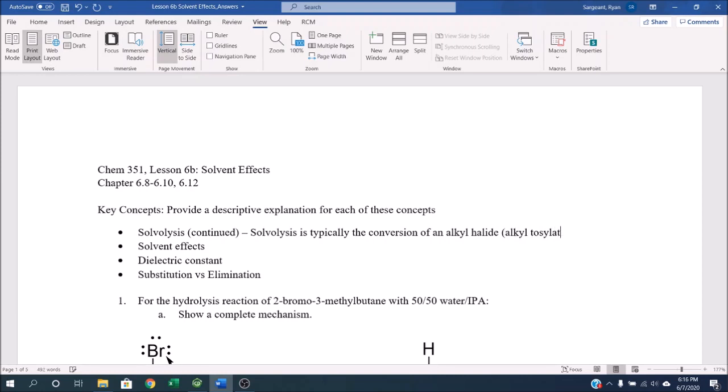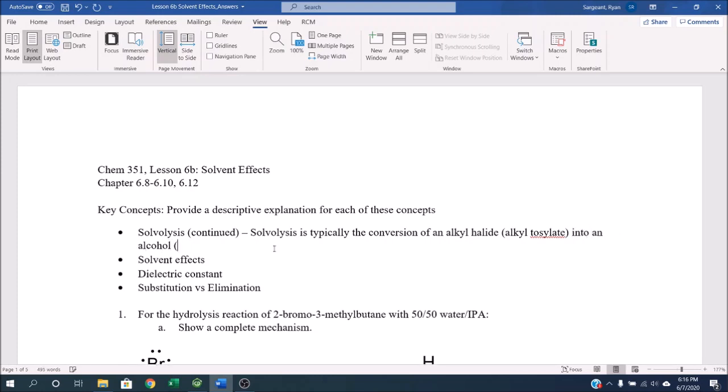Remember, we're just lumping those together in terms of their chemical reactivity. The conversion is into an alcohol, and that would be with hydrolysis, or an ether, and that's if we do methanolysis or ethanolysis.